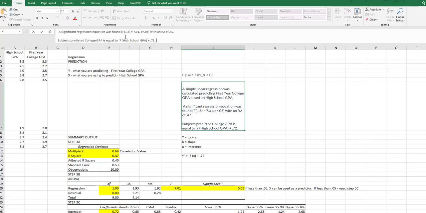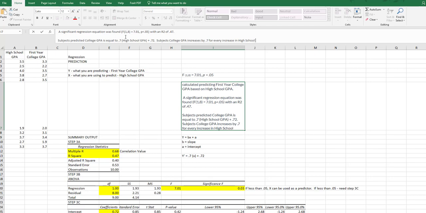The last sentence has to be a very specific prediction model, okay? So I'll say subjects' college GPA increases by 0.7 for every increase in high school GPA.